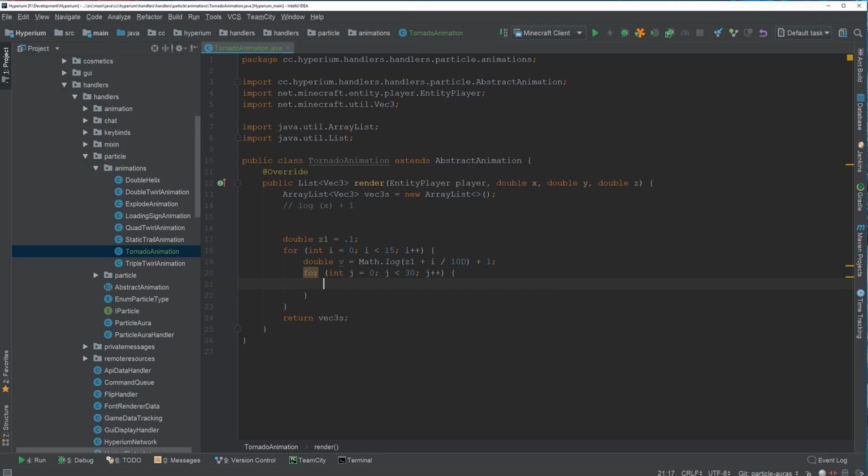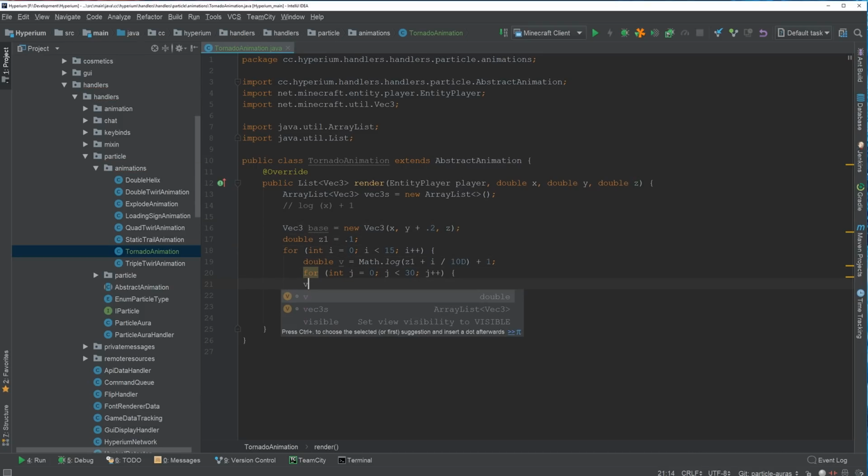So to actually get the particle, we need to go in a circle. And our height is going to be i from the ground. So we're going to make our base vector: Vec3 base equals new Vec3 with x, y, z, and we're going to start it 0.2 blocks above the player's feet, like that.